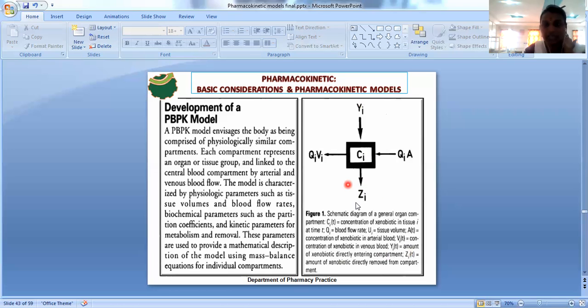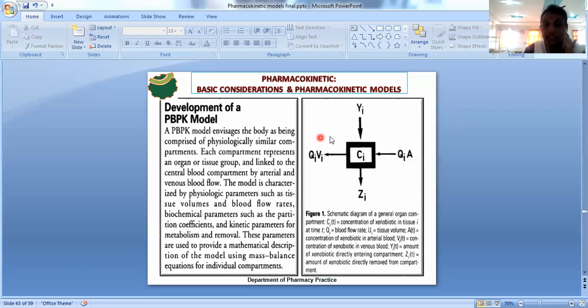Simply, C is the concentration of the drug in the given tissue volume, Q indicates blood flow to or from that organ, Y indicates the entering concentration of the drug, and Z indicates the removing or eliminating concentration of the drug.